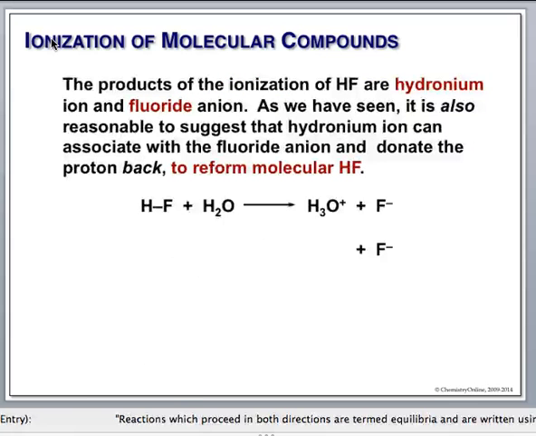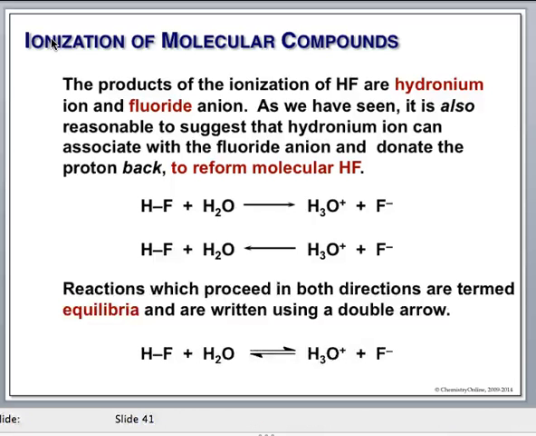Well, this process goes on in the forward direction. And just like we saw with water, it can also go on in the reverse direction. That is, hydronium can hydrogen bond to fluoride and basically hand the proton back. So we have a reaction here that spontaneously is going forward and back.